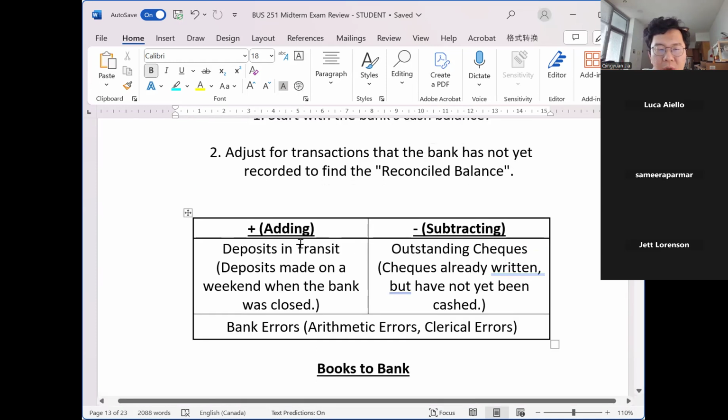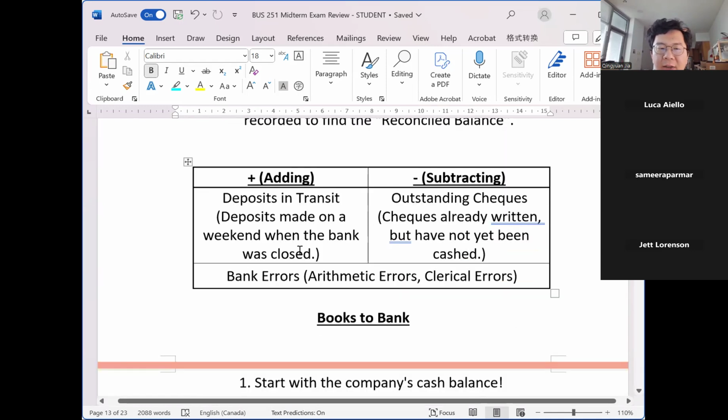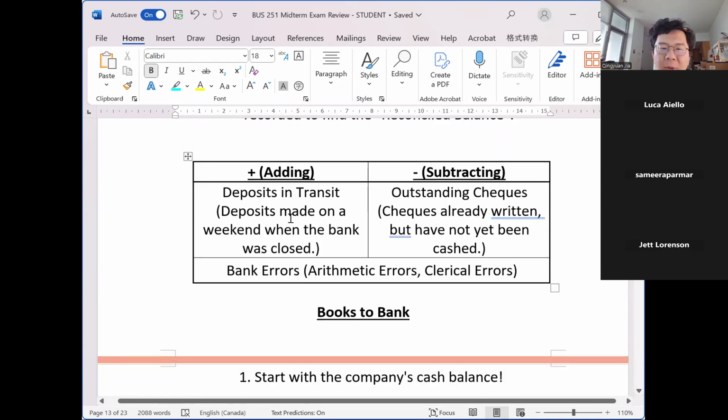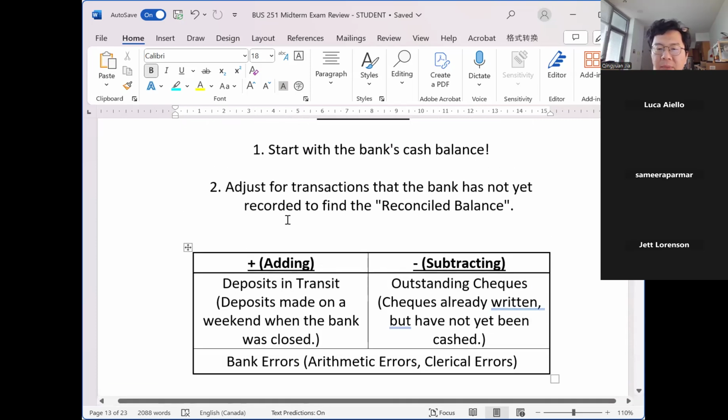What we have to do to make some adjustment is add the deposit in transit, which means some deposits are made on a weekend, but the bank was closed, so the bank cannot book this. This is the thing that we need to add from the bank side.